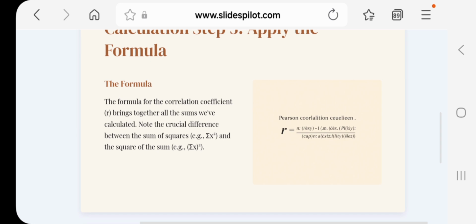So be careful with that difference. And then it's going to be n times the sum of the y squared values minus the sum of the y values, and then squared.